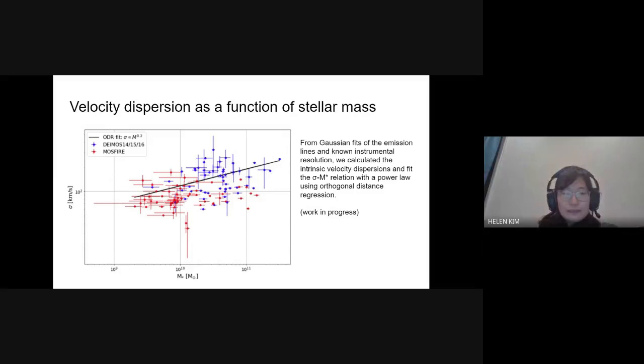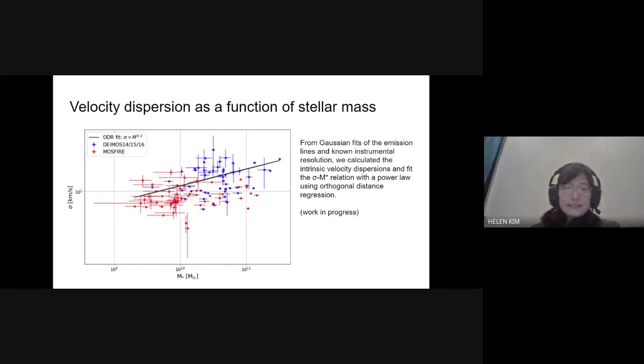Okay, so with the spectra, we can also measure the velocity dispersion from the Gaussian fits. And so here we've plotted the velocity dispersion, which took into account the instrumental resolution, and then fit with a power law using the orthogonal distance regression.